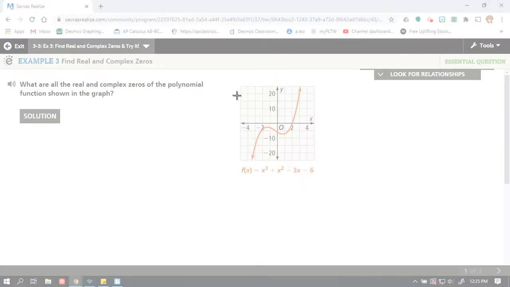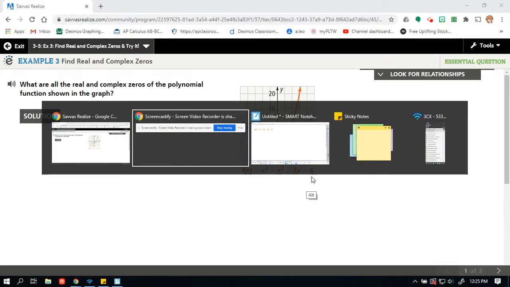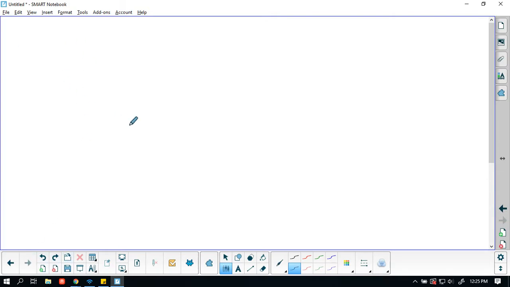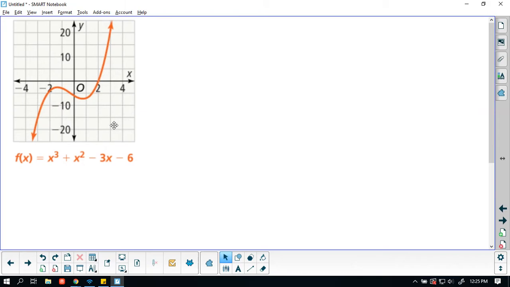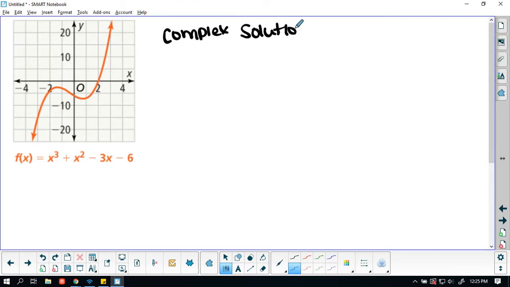So let me grab this right here, and let's use this to determine our real solutions and then our complex solutions. I have the function there, but I decided I want the whole graph. And remember, complex solutions will look like a plus bi, where i is the imaginary value.